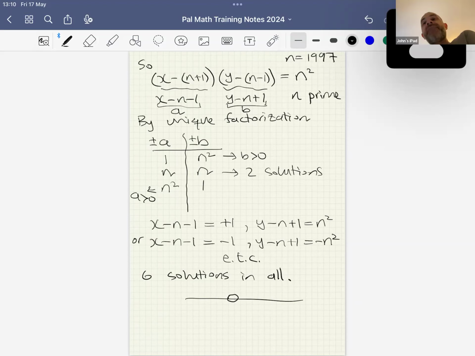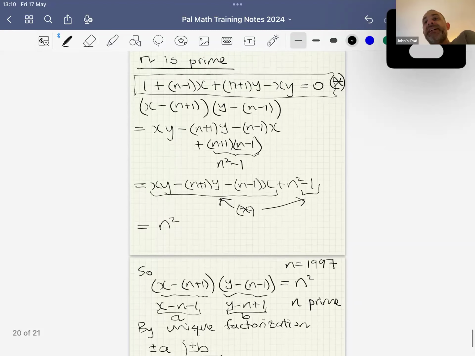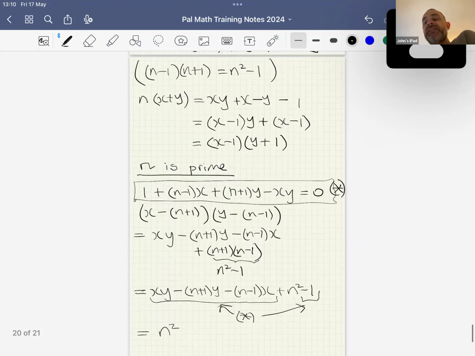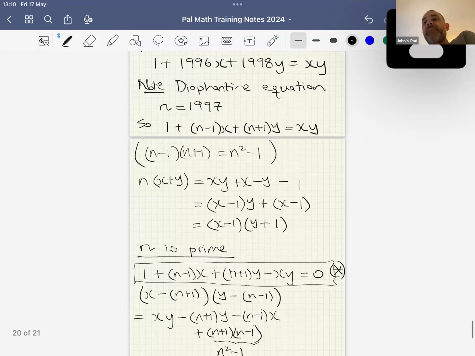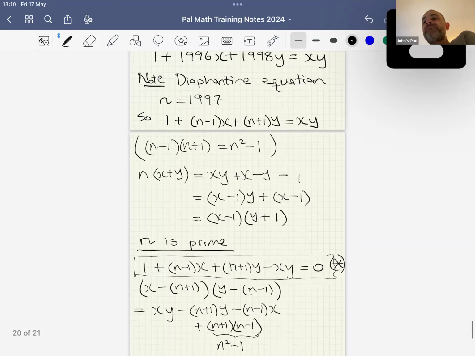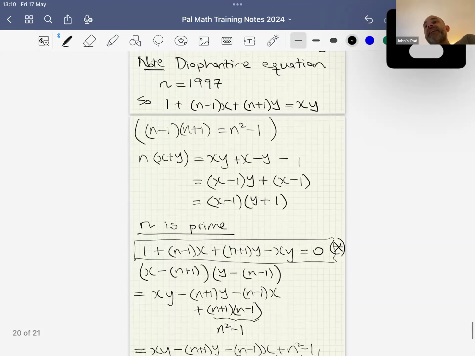So I have to say on this one, you can see that I went down a sidetrack here with the factorization. In these kinds of problems, it's not always clear what to do, and you might have to try several things. That's all I can say.